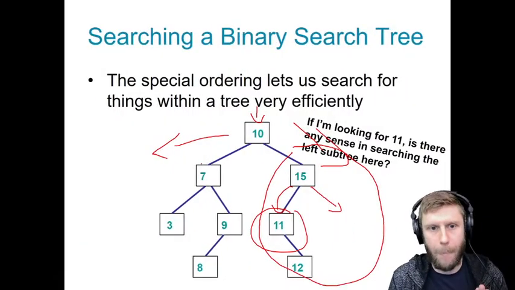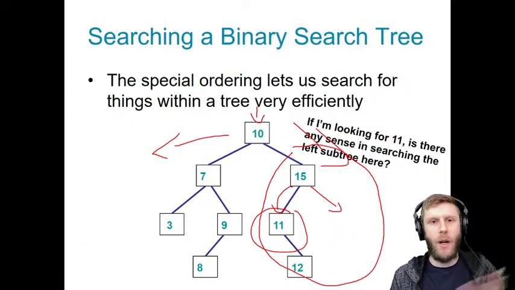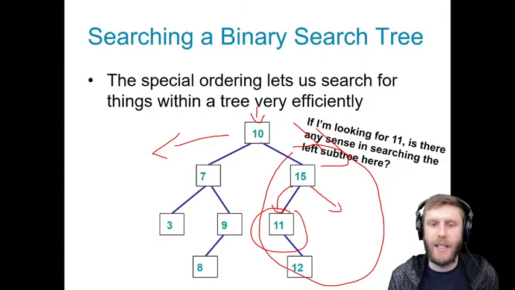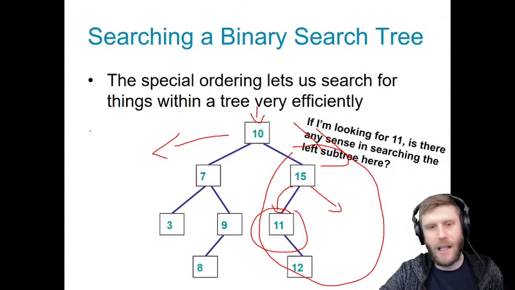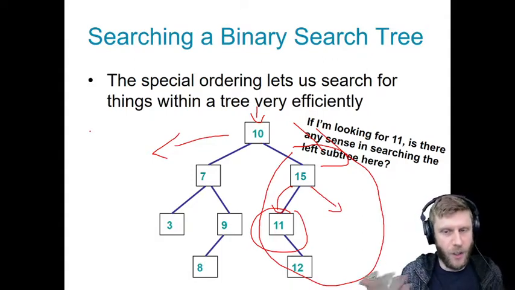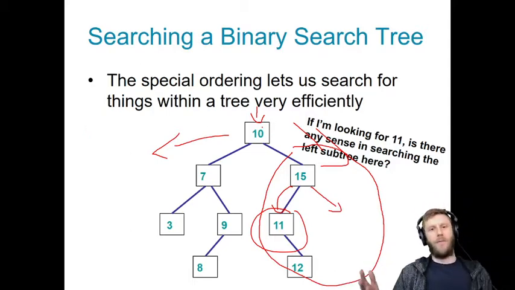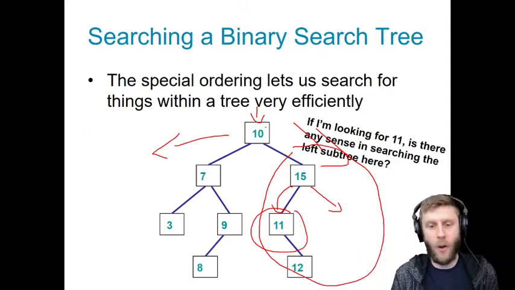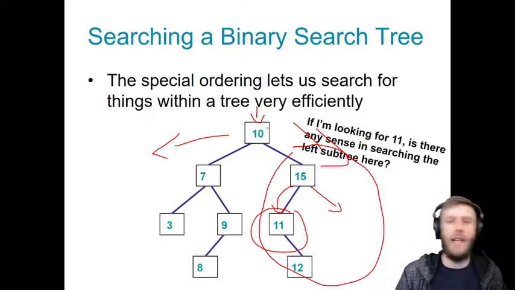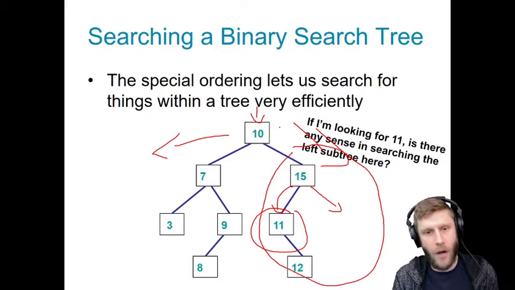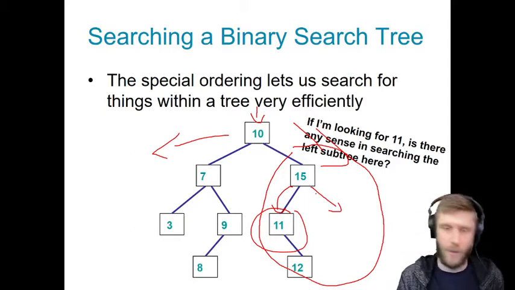So if I just had an arbitrary tree where there was no ordering, in the last set of slides we saw a recursive algorithm to search through the tree. Basically, are you the thing I'm looking for? If you are, fantastic. Otherwise, do the search on the left subtree. If you found it, great. If not, do the search on the right subtree.